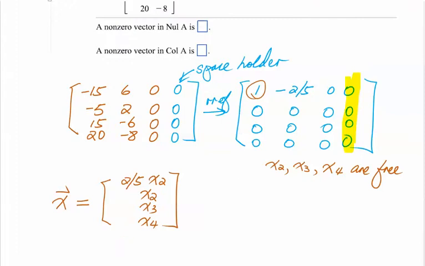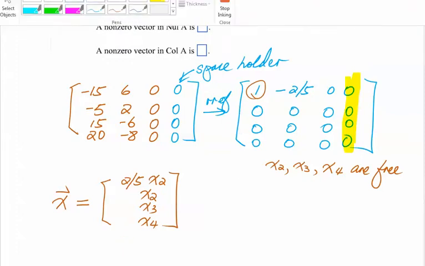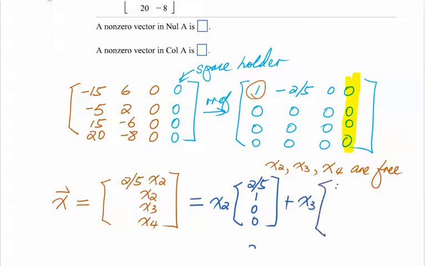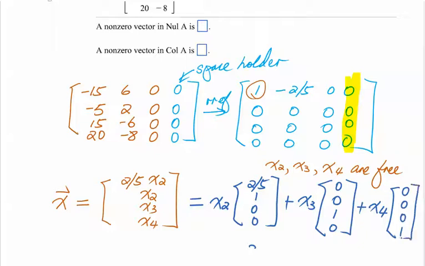And if I rewrite my vector as the sum of my 3 free variables, I will have x2 times (2/5, 1, 0, 0) plus x3 times (0, 0, 1, 0) plus x4 times (0, 0, 0, 1).